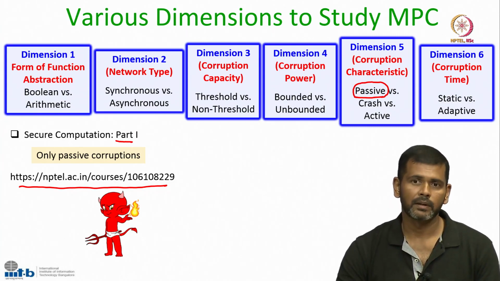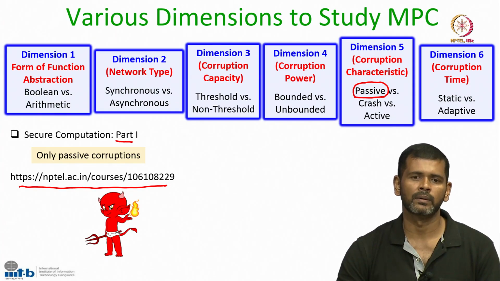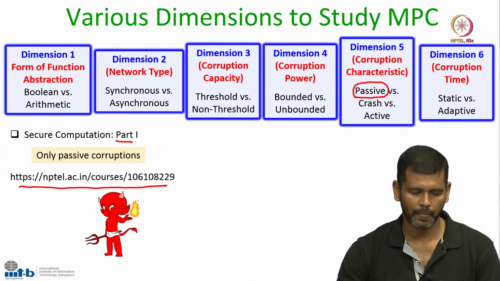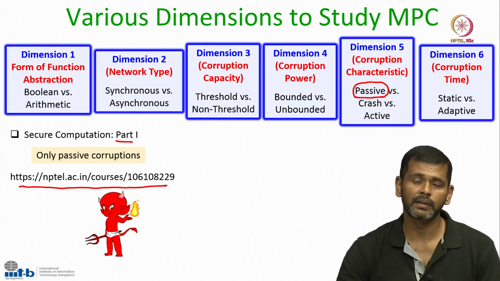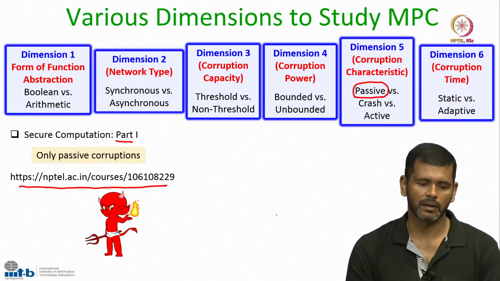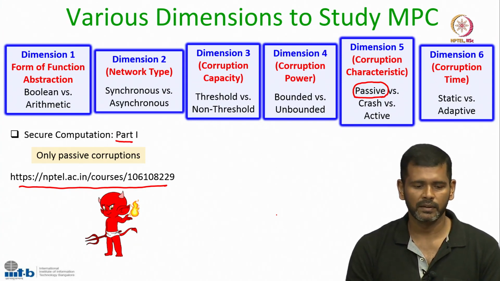Passive corruptions means that the corrupt parties, namely the parties which are under the control of the adversary, will follow the protocol instructions, but at the same time they would like to collaborate and try to infer additional information regarding the inputs of the remaining parties. In that course itself we had seen several challenges which we face while dealing with such an adversary, and various seminal results regarding passive corruptions.